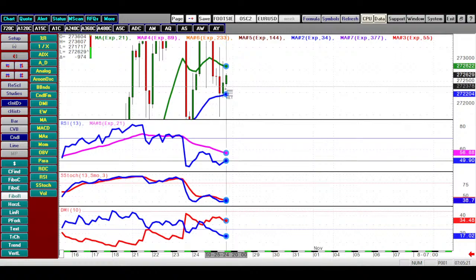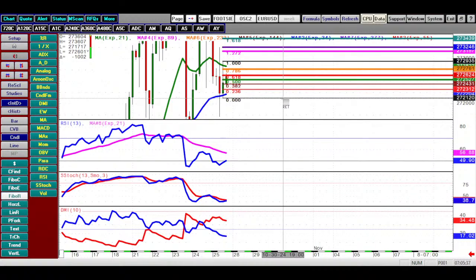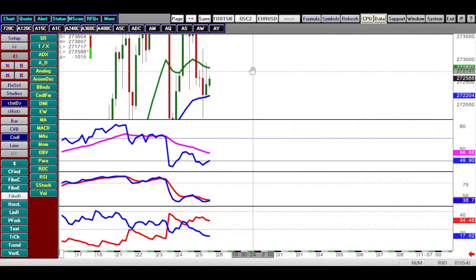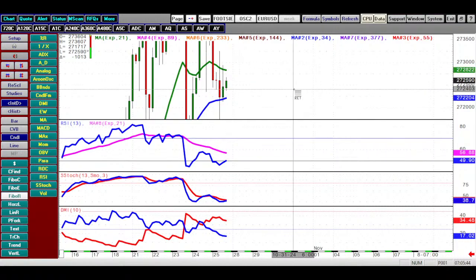Of course, we need to see the 23 half break. If 23 half breaks, then we can be certain that this price is going to go lower. On the other hand, if the price moves up, then we should see the price going beyond 32 or even higher. As of now, the market is just in a range, and we have to wait for the data. Maybe after the data, we may see the movement happening.